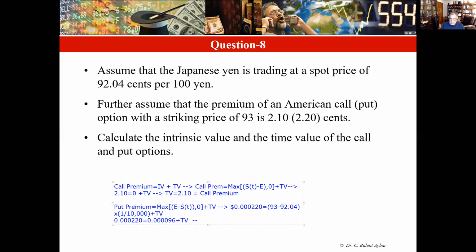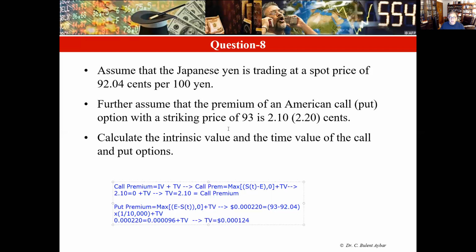Then we can actually calculate the time value. So time value in this case is equal to $0.00124, which is only about 0.124 US dollars per Japanese yen.